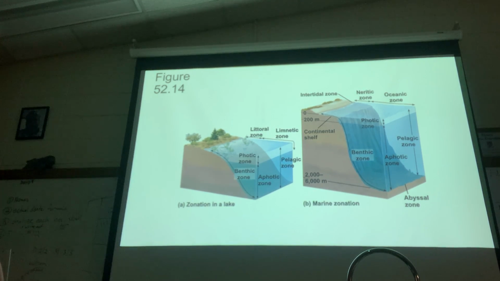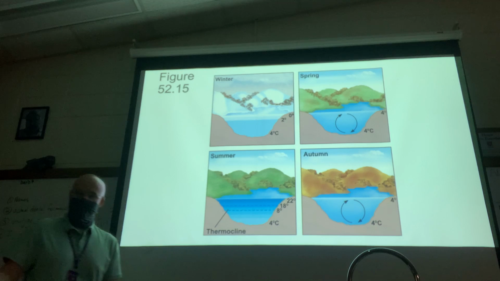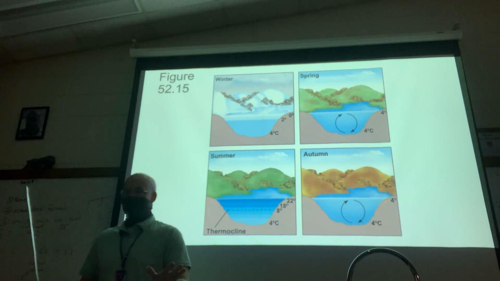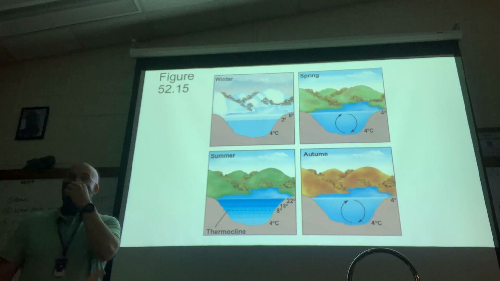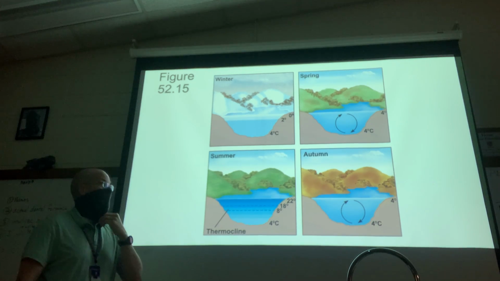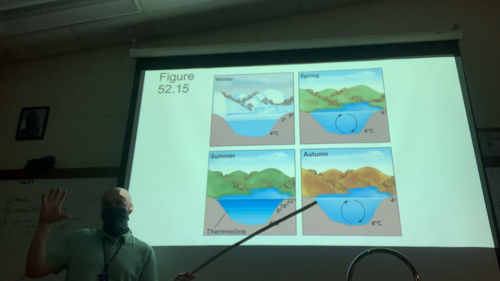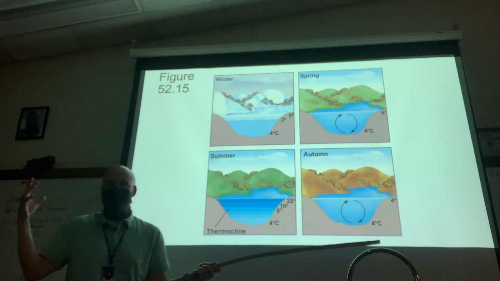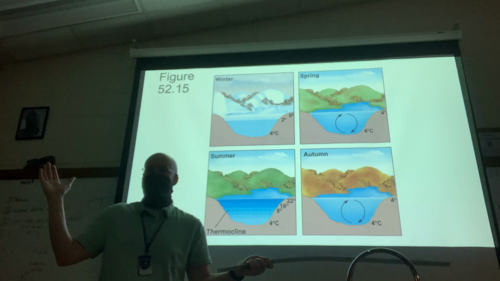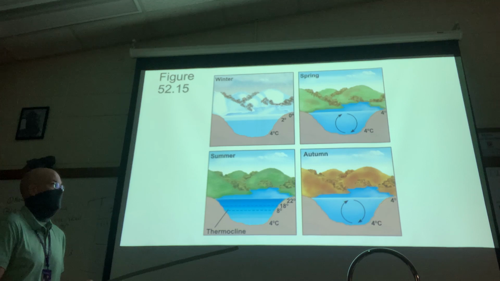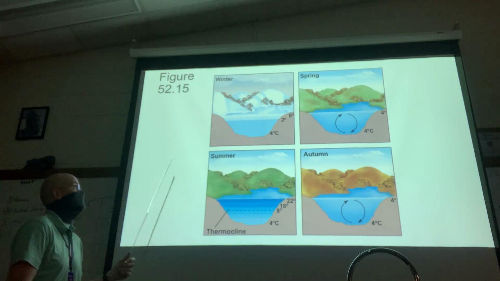Okay, so a few things, some pretty important ecological processes that occur that you may not even be aware of. In lakes, and the lake has to be fairly deep, but you can probably get this at 5 feet of depth. It doesn't take a very deep body of water for this to happen.